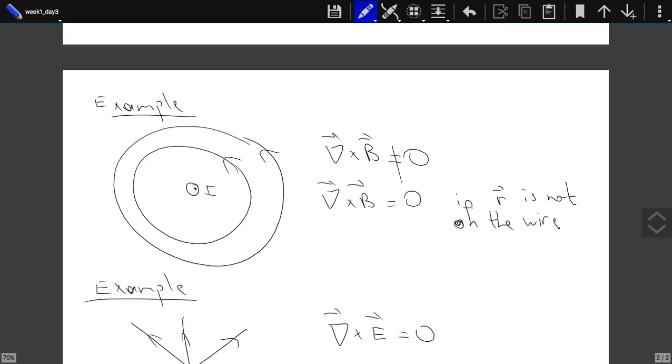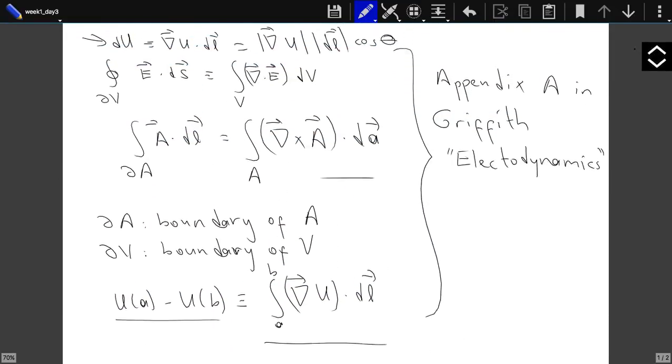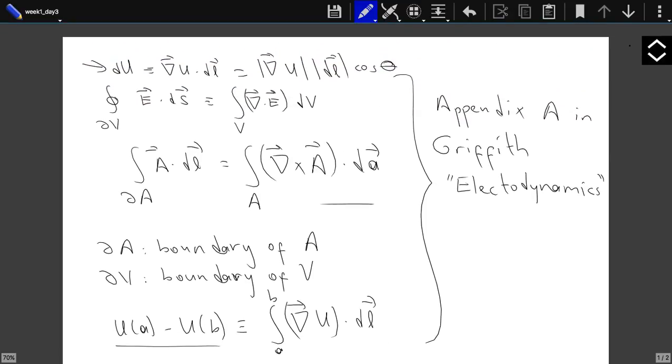There are some subtleties that you should keep in mind. Now, if you look at the divergence of a vector field, when we integrate it, we relate it to a surface integral of the vector field itself.